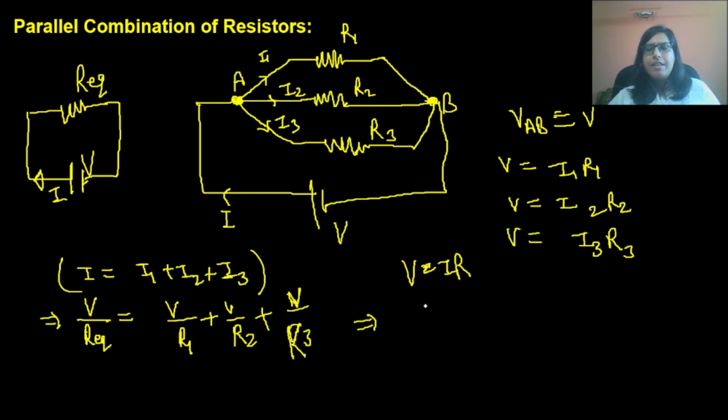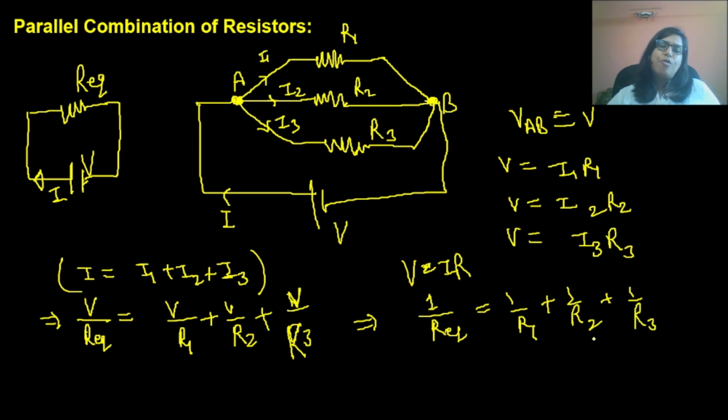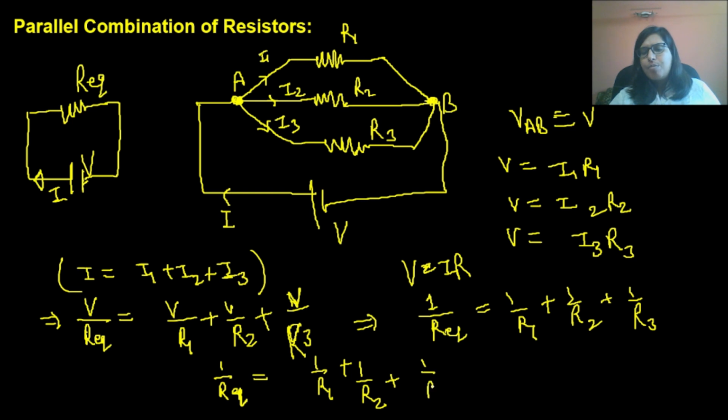So if we simplify this, then we will find 1 upon R equivalent equals 1 upon R1 plus 1 upon R2 plus 1 upon R3. So for parallel combination, equivalent resistance will be written like this: 1 upon R equivalent will be 1 upon R1 plus 1 upon R2 plus 1 upon R3 and so on.